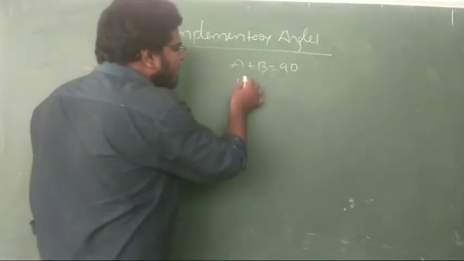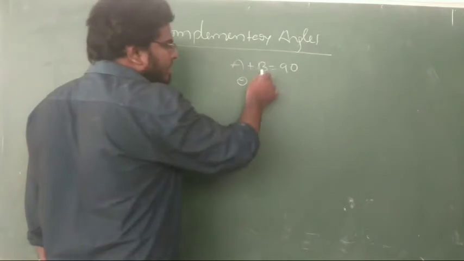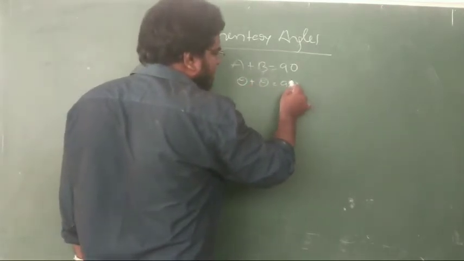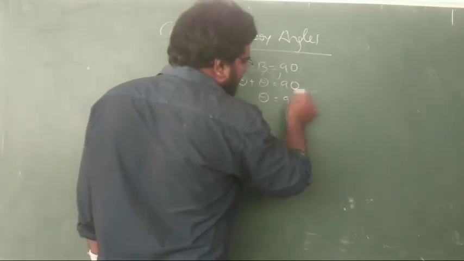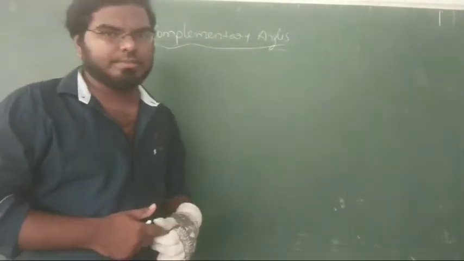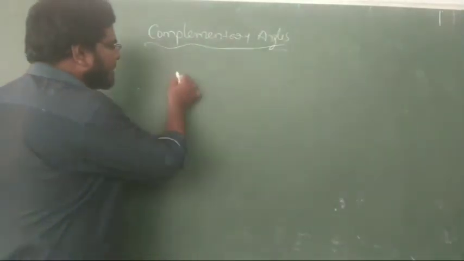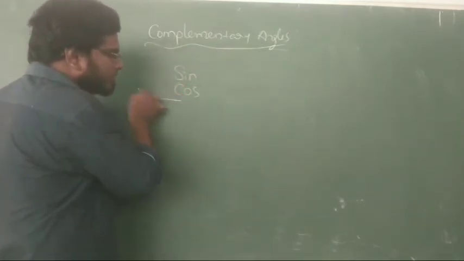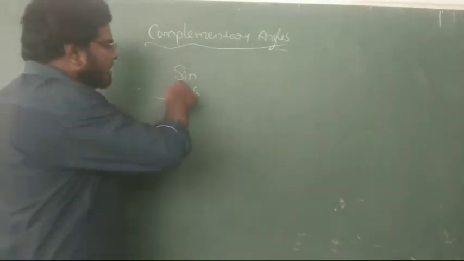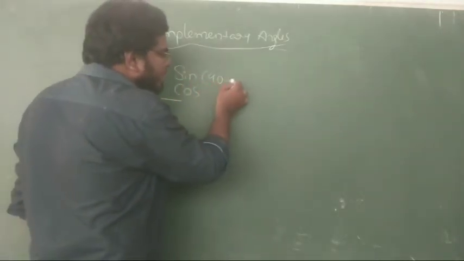Now, instead of A, I am taking theta. Instead of B, also I am taking theta. That means send the theta to that side. We are applying complementary angles to trigonometry. Listen, first sine. After this, cos. This is the first group now. Sine, I am writing 90 minus theta instead of theta.